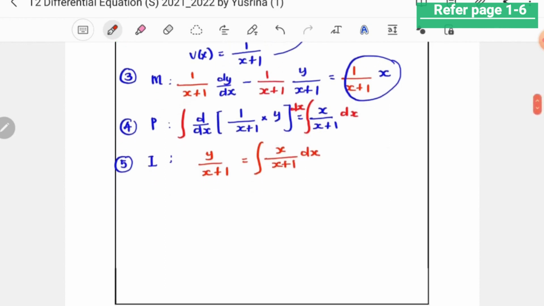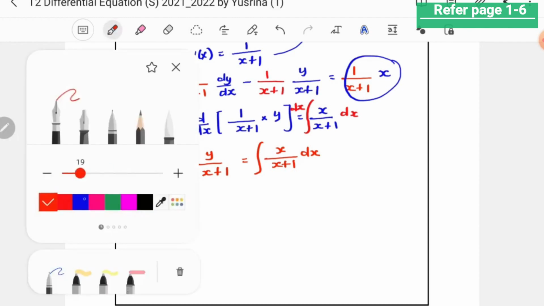For the right hand side, how to integrate x over (x plus 1) dx? We can use the substitution method, or we can simplify first.